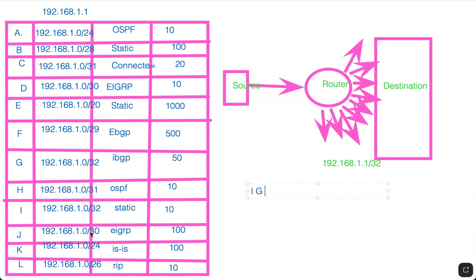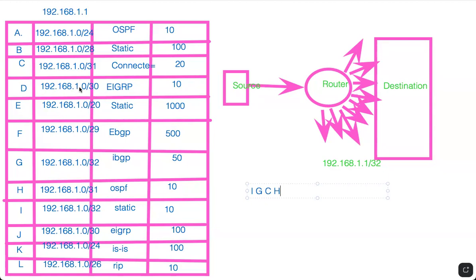After /32, we have a /31 here. It is a tie between C and H. Now C is a connected route, so that means AD 0. So C and then H. /31 is done, now /30.